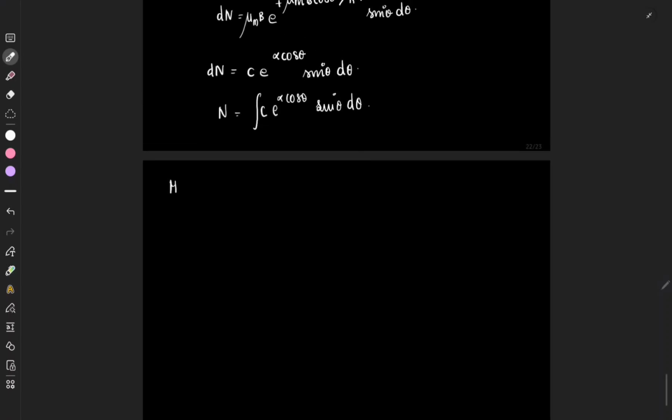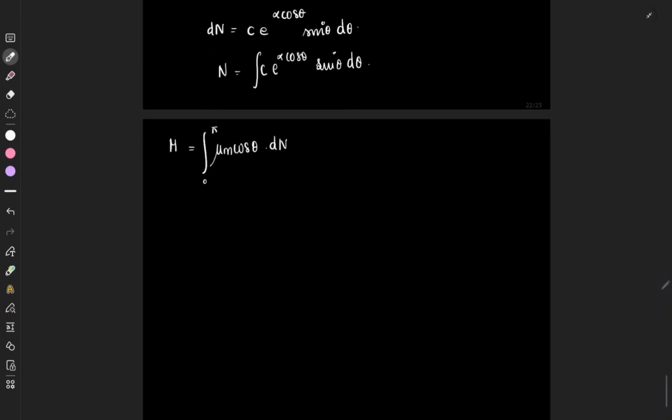The ultimate goal is to find susceptibility, but we'll go step by step. So M is equal to mu_m cos theta into the integral of dN from 0 to pi. You can directly write it as N also, but I'll write it as N itself, maybe we'll get confused.